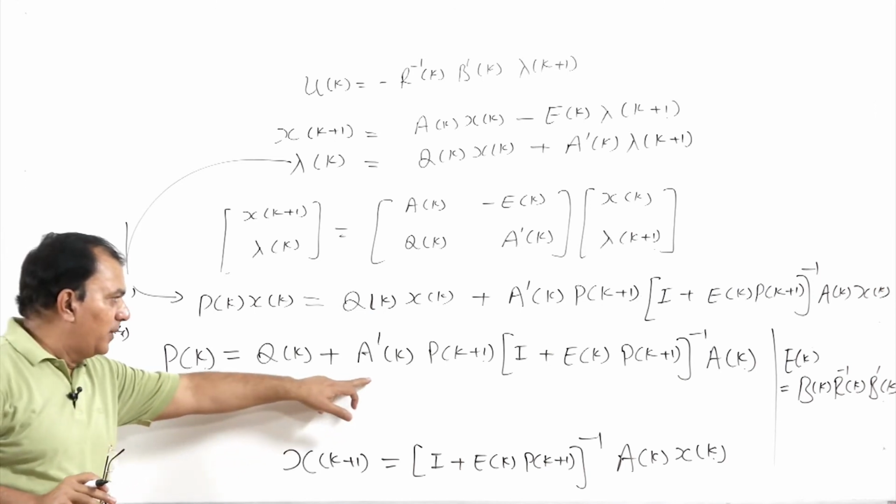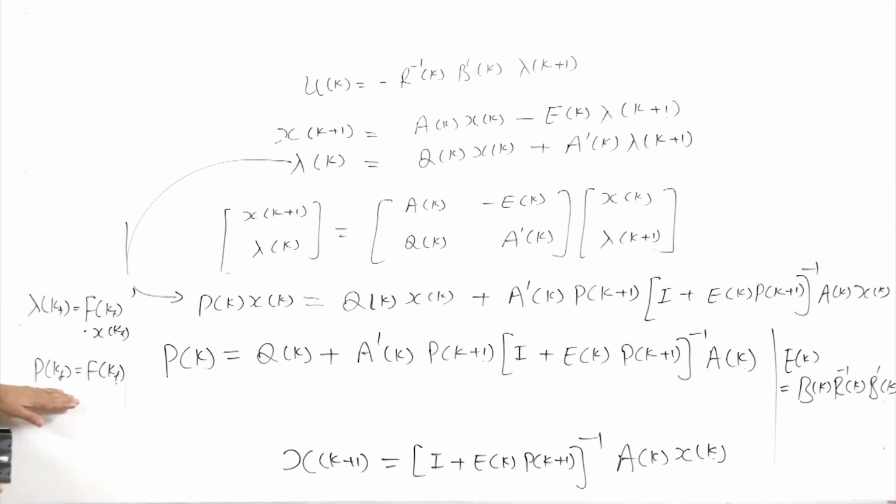So, this is my Riccati equation which can be solved with the terminal condition P of kf as F of kf.